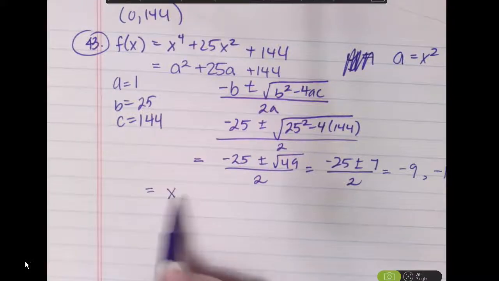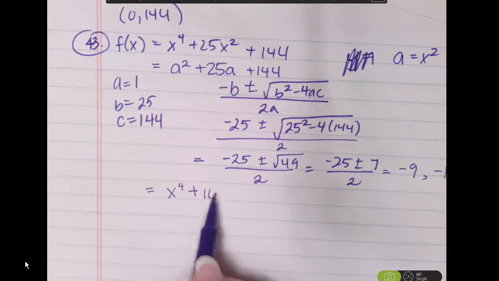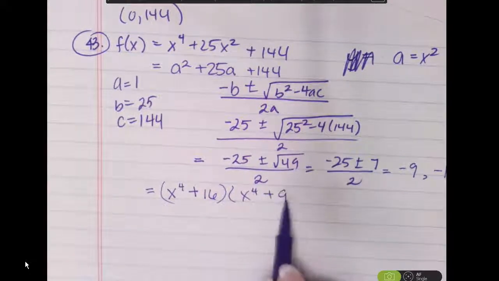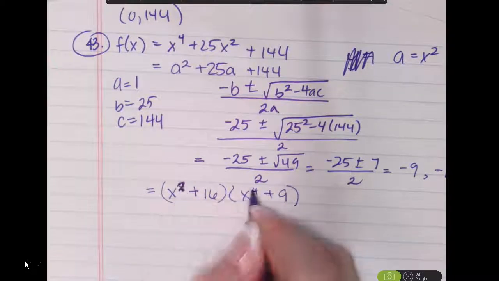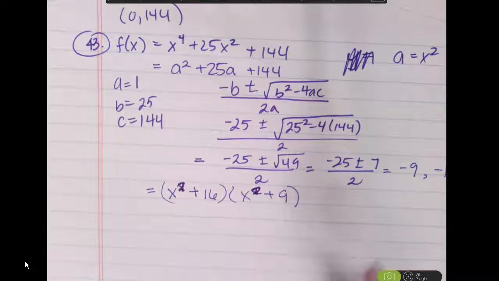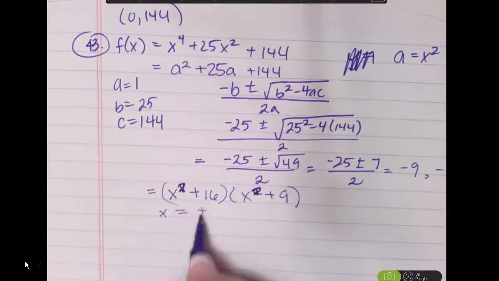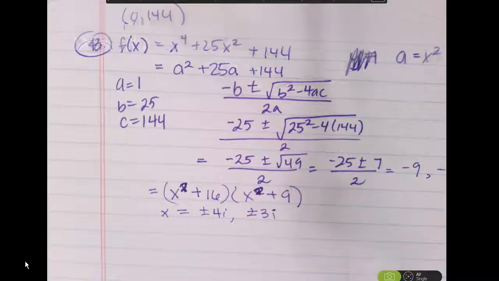So x squared plus 16 and x squared plus 9, which is going to give us more imaginary roots. Okay, so that way we have our x's are plus or minus 4i and plus or minus 3i.